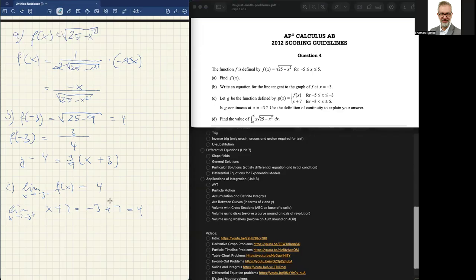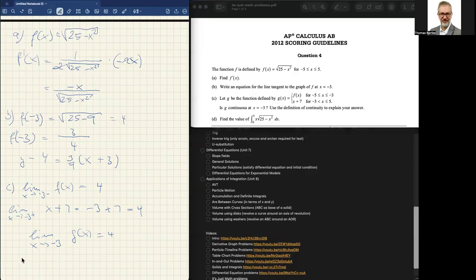So that means the overall limit of g as x approaches negative 3 does exist, and it's equal to 4. And so if the overall limit exists, and the left-sided limit is the same as the right-sided limit, then that constitutes continuity. So continuity is fulfilled.